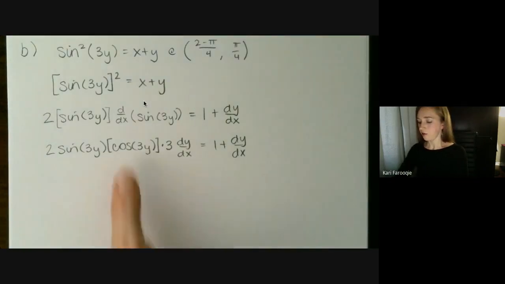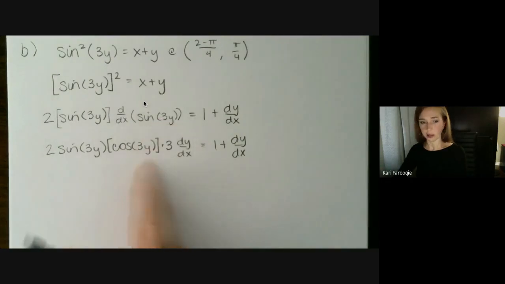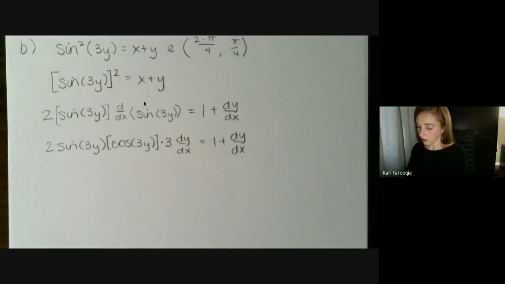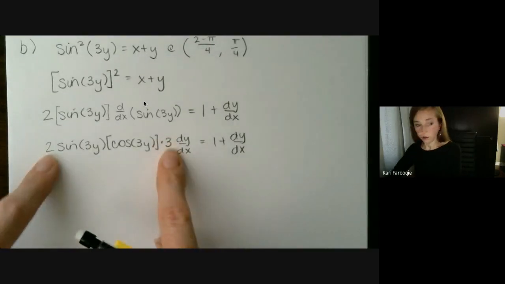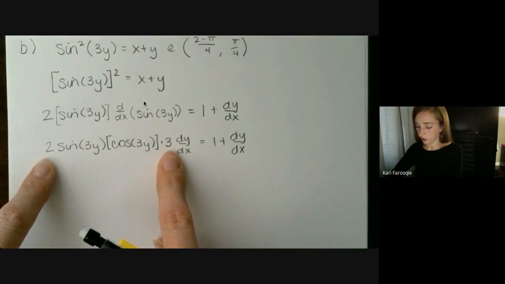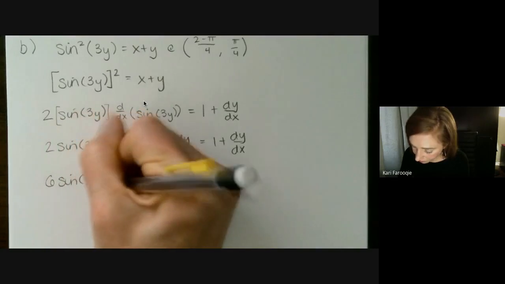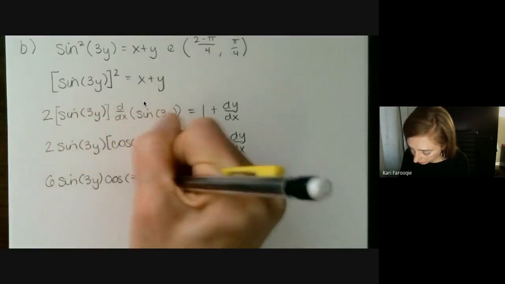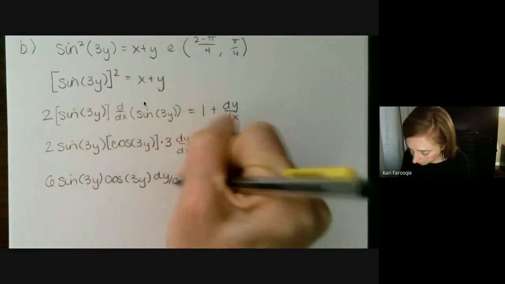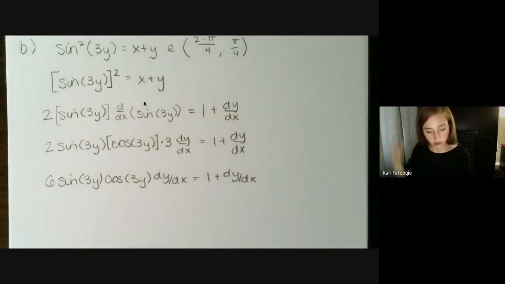Okay. So the cosine 3y times 3 was the derivative of sine 3y, and with the dy dx on it, of course. So I'm going to take the 3 and the 2, these two, and I'm going to multiply them together to give me the 6 in front. And I'll have 6 sine 3y cosine 3y dy dx. And you know, you can rewrite this as many times as you need to.